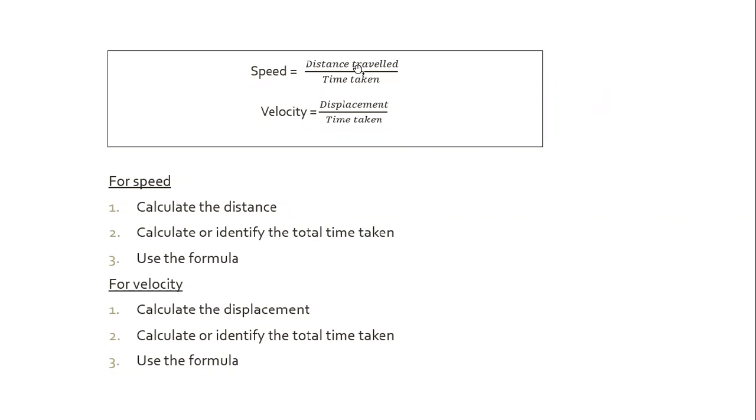Both of these are formulas. So speed is equal to distance by time and velocity is equal to displacement by time. You have to remember these formulas for the exams.